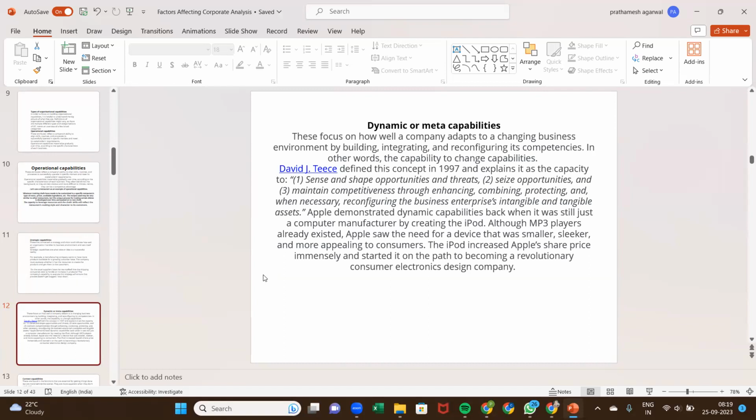Reconfiguring means restructuring. So, a swift and smooth moving of the intangible and tangible assets.